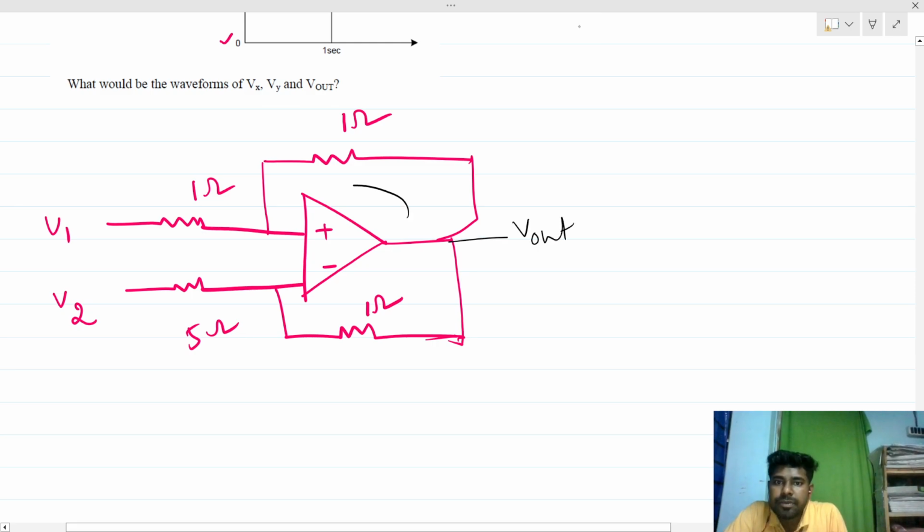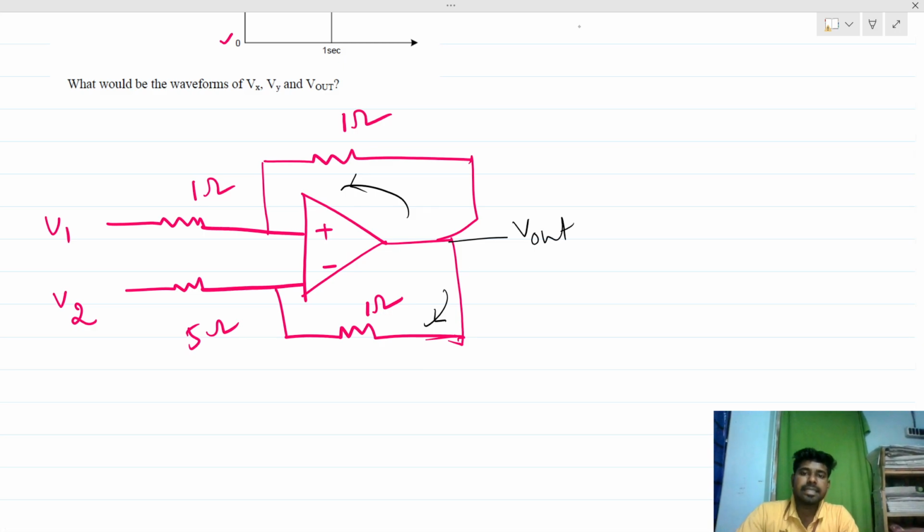We have two types of feedback present here, but to act as an amplifier, only one type of feedback should be present in the op amp. For positive feedback, the node voltage at the positive terminal should be greater than the negative terminal voltage.